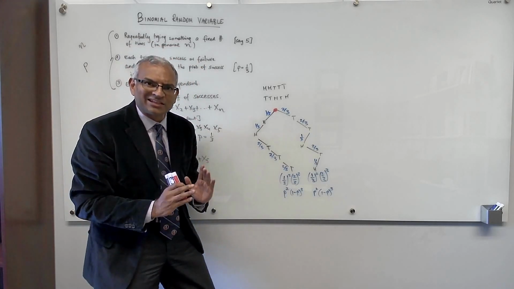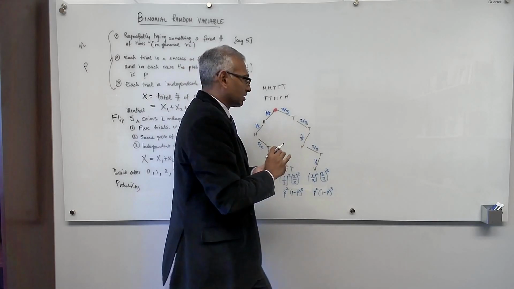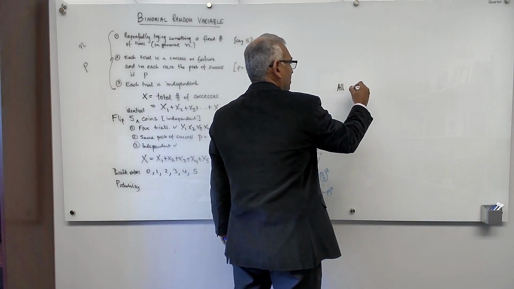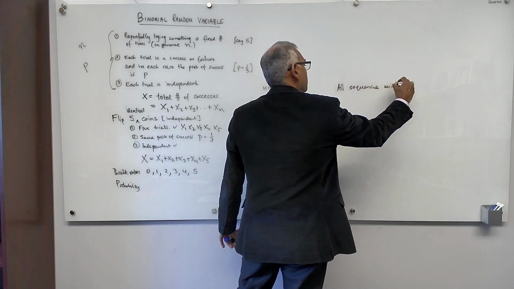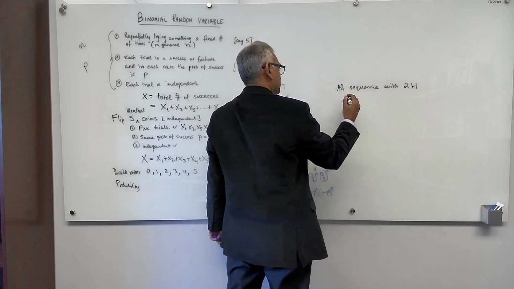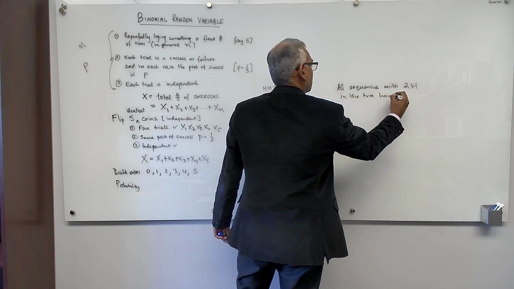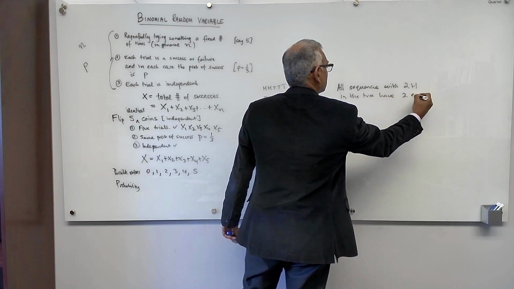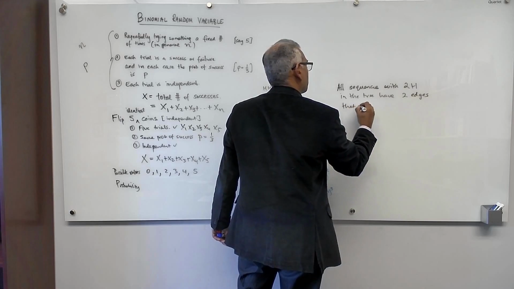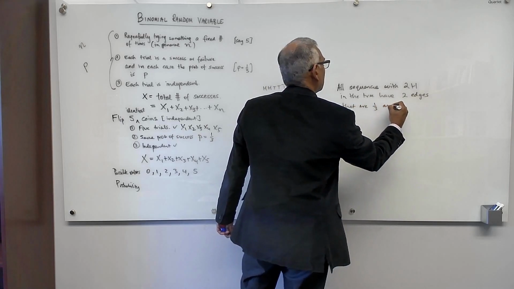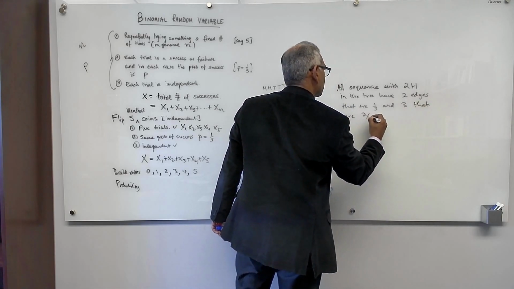Let me write that down as a very important conclusion, a sort of reminder. All sequences with two heads in the tree have two edges that are 1/3, and three that are 2/3.